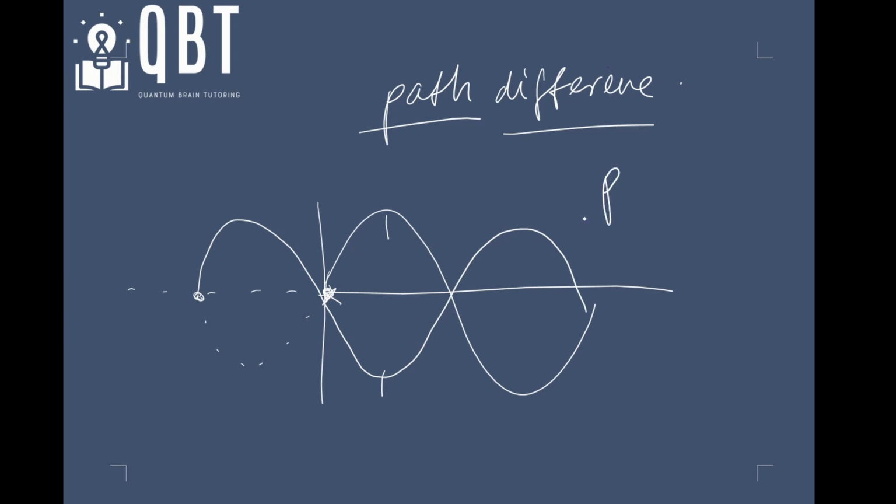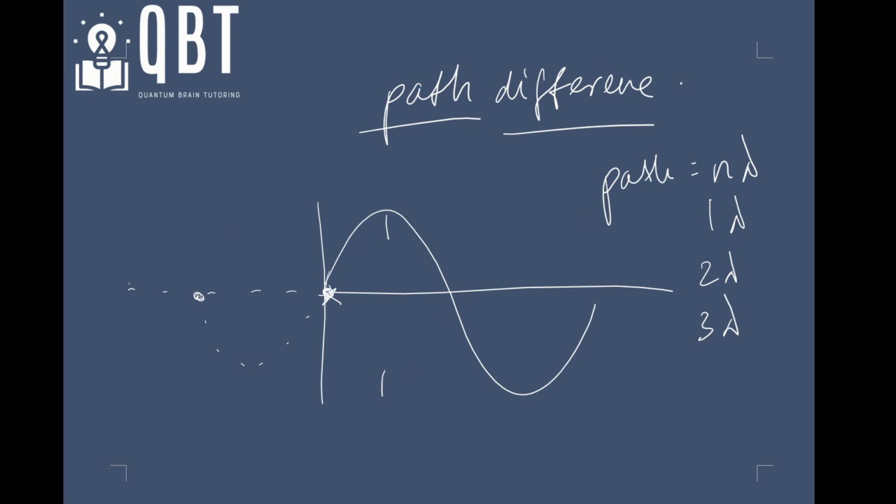And when the path difference is equal to a whole number of wavelengths, right? So 1 wavelength, 2 wavelengths, 3 wavelengths, where the path difference is a whole number of integers. I can draw that for you now, right? Okay, there we go. Yeah?